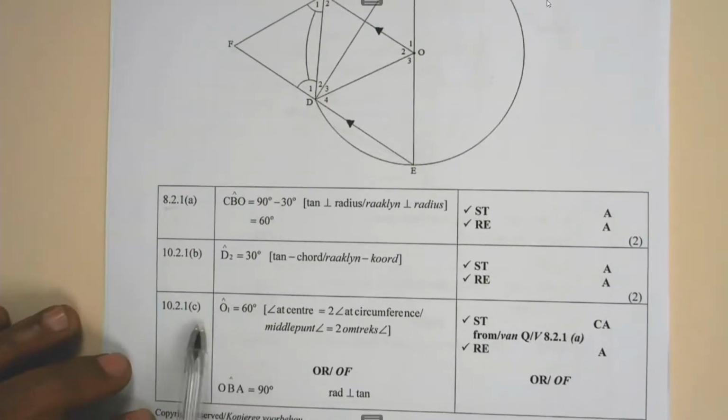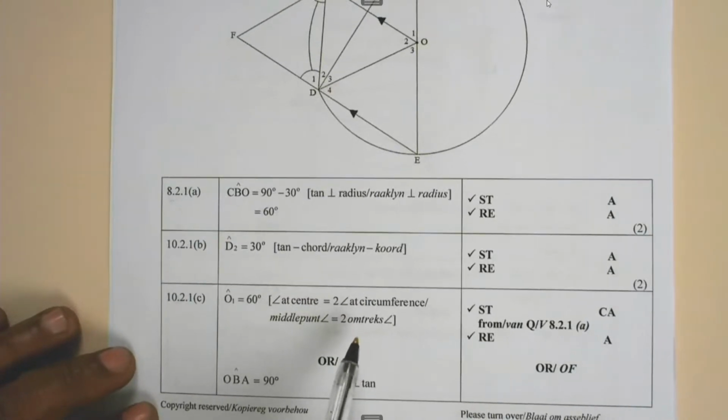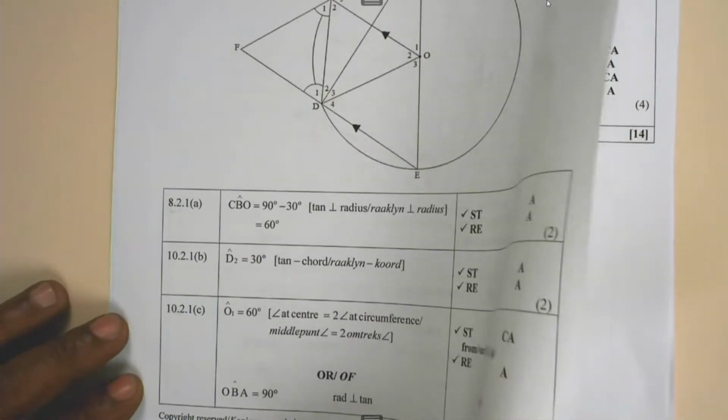And then we look at 10.2.1c, angle O1 is 60. Angle at the center is equal to twice angle at the circumference. Therefore, OBA will be 90 degrees. Radius perpendicular to the tangent.